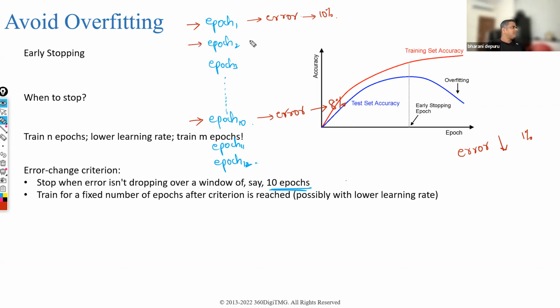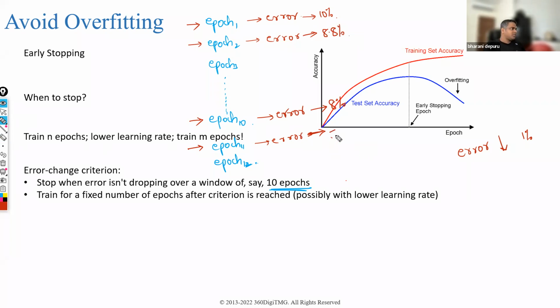Then say in the second epoch, the error percentage was 9.9%. And say in the 11th epoch, the error rate was 8.8%.